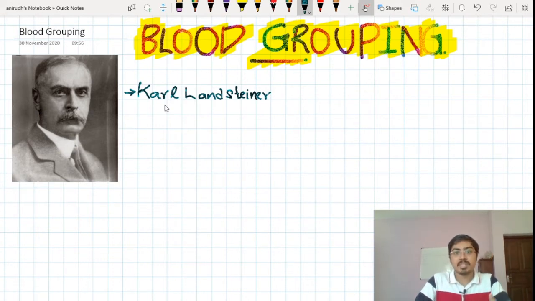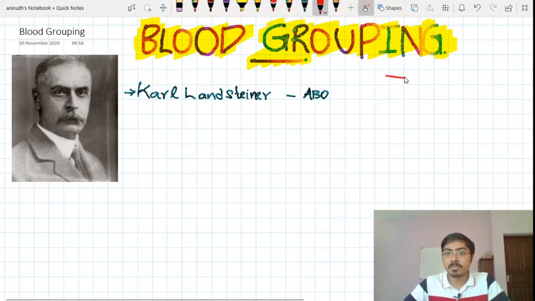So that can be a reason by which people started thinking about how the blood of a person can match with someone else's blood. And this all led to the understanding of blood grouping and cross matching as of now. So he devised the ABO blood grouping. This is a blood grouping that we are now following.